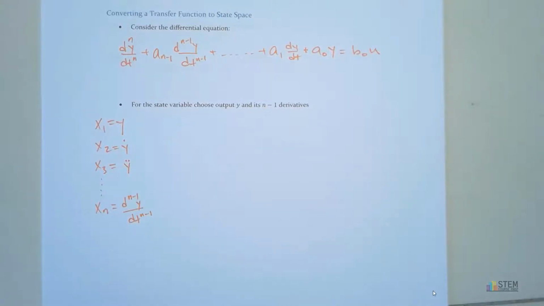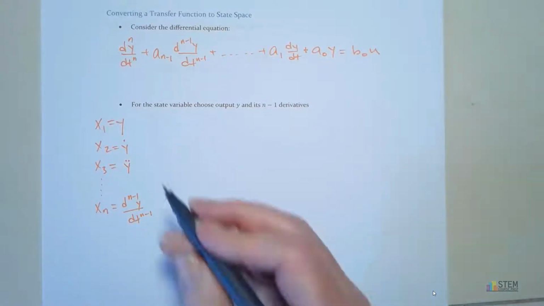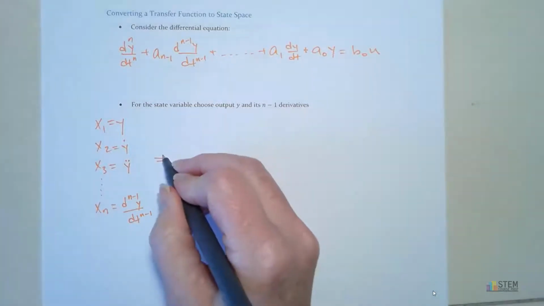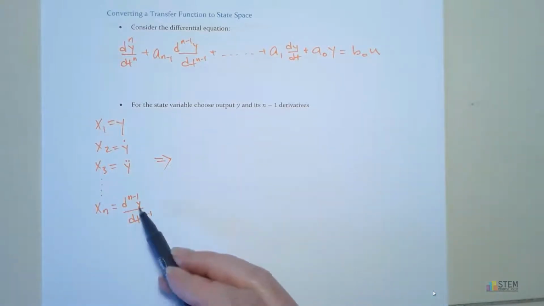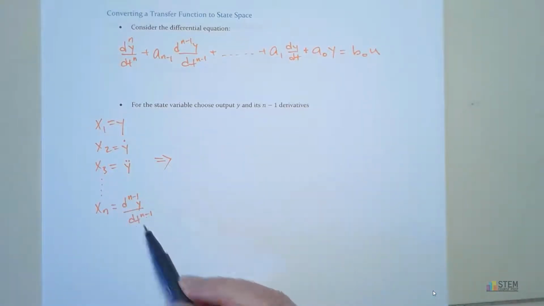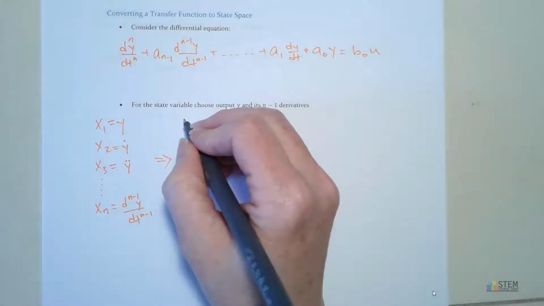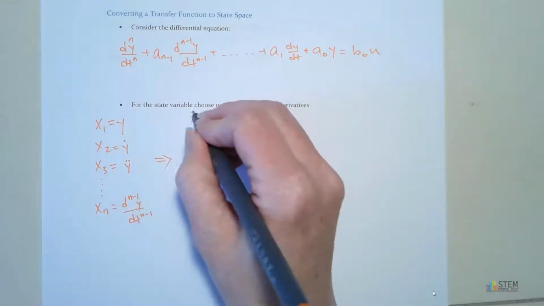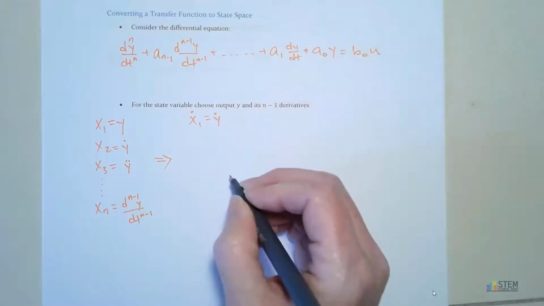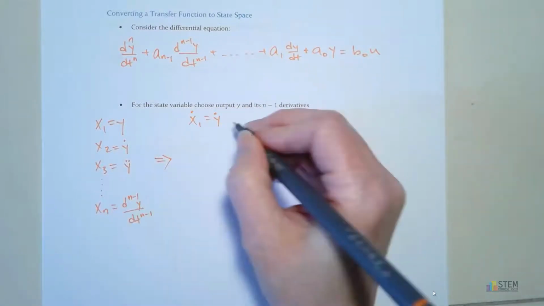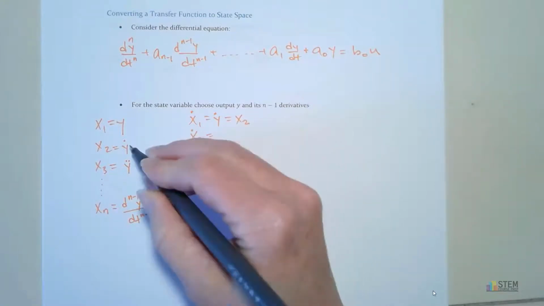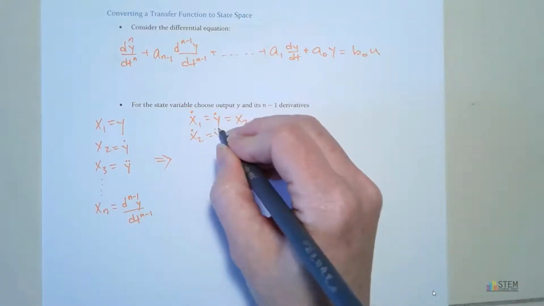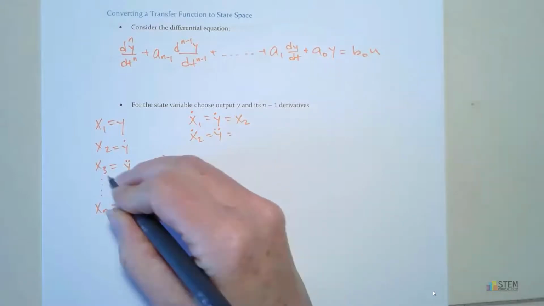Now we've got those variables. Same thing we did in our old examples from the last section, we're going to take the derivative of all these. And by the way, notice this was n minus 1. So when we take the derivative, x1 dot is y dot. Well, y dot is x2, so that goes to x2. x2 dot is y double dot, but y double dot is x3.